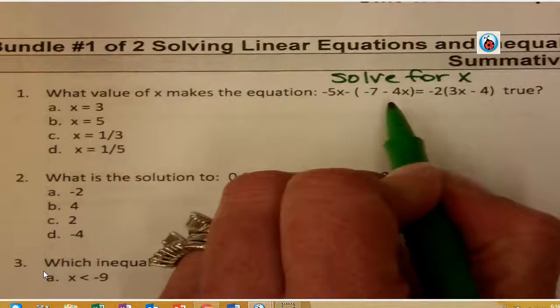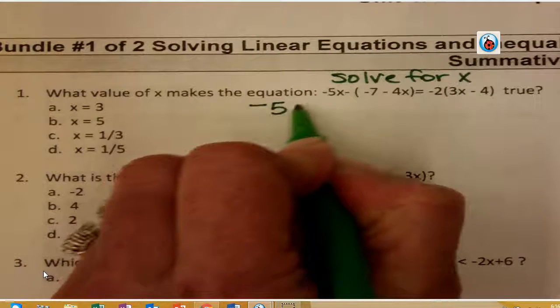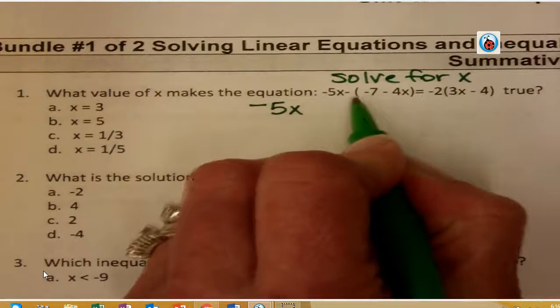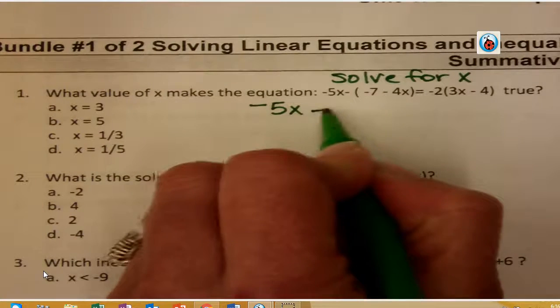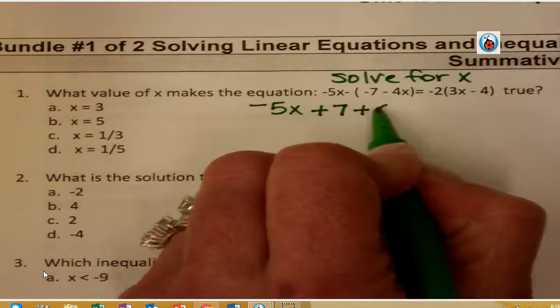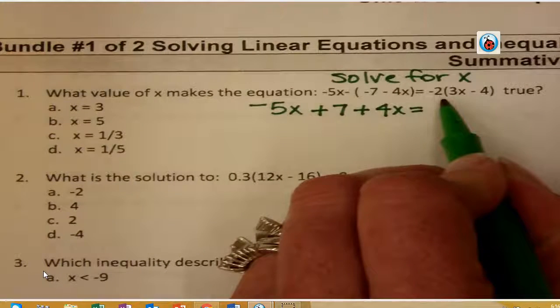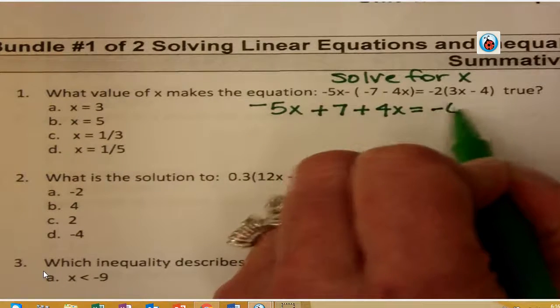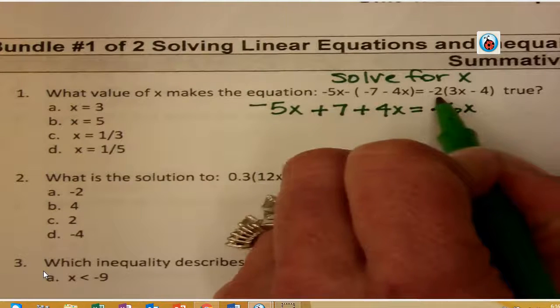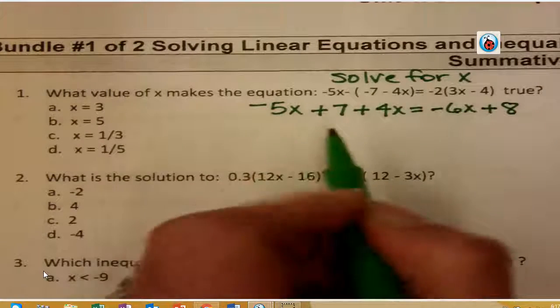We're going to get rid of the parentheses. So we start off with negative 5x, and negative times a negative is a positive 7, and negative times a negative is a positive 4x equals, then I'm going to distribute the negative 2. I get negative 6x, and negative times a negative is a positive 8.